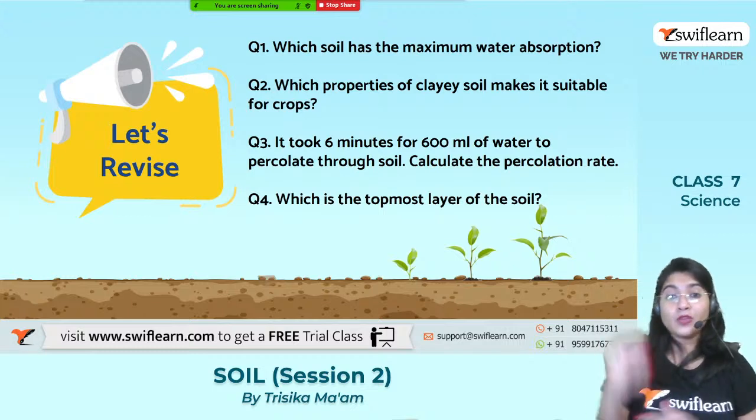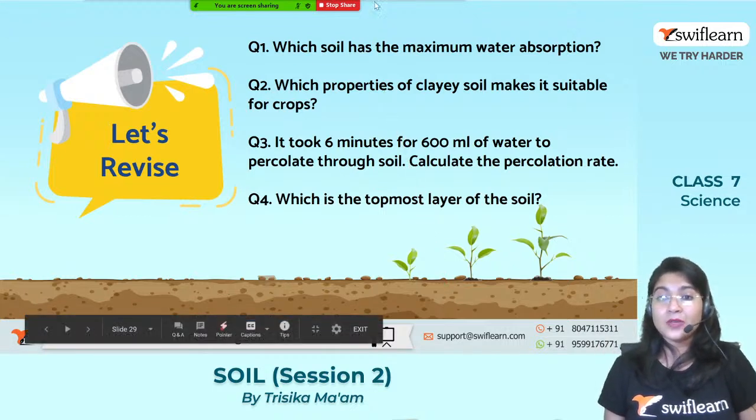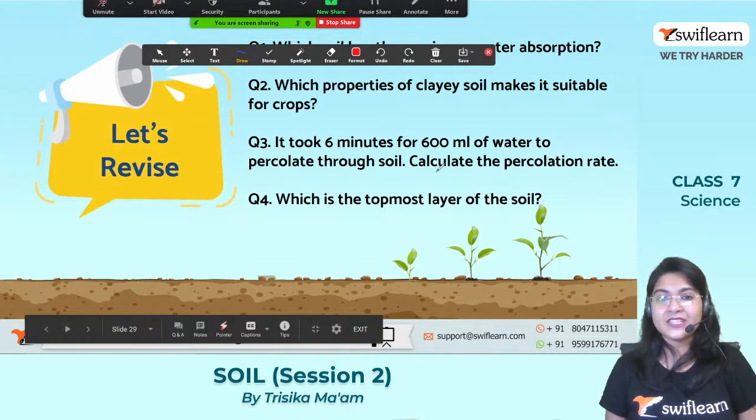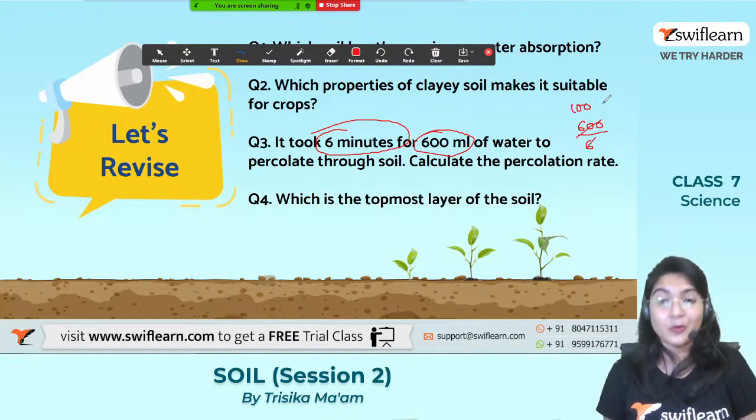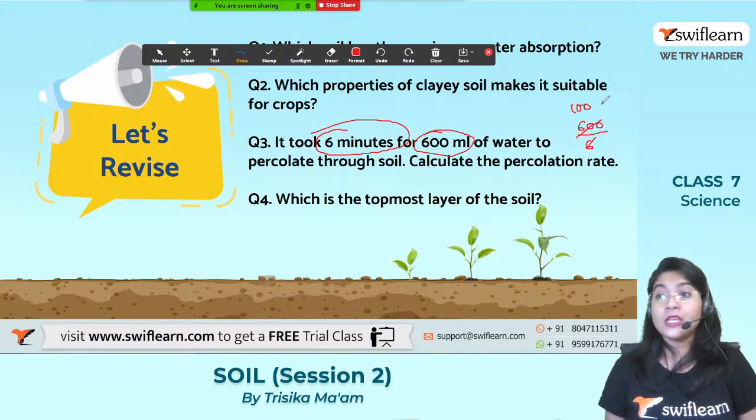So the amount over here will be 600 milliliter and the time taken is 6 minutes, right? So we can say 600 divided by 6. Okay, we can find it like 100, right? So what will be the unit? Unit will be 100 milliliter per minute. Okay, so the percolation rate of this soil is 100 milliliter per minute.